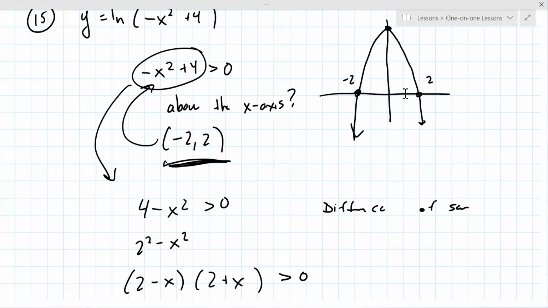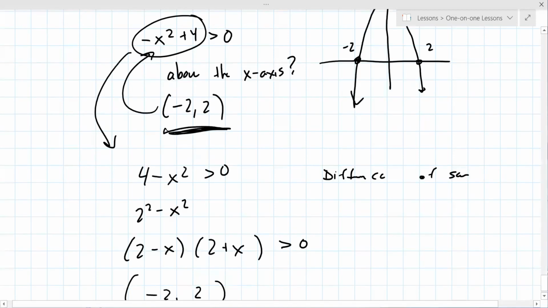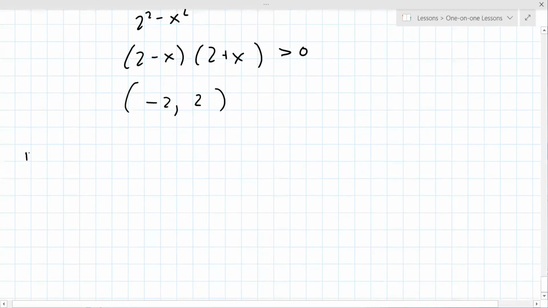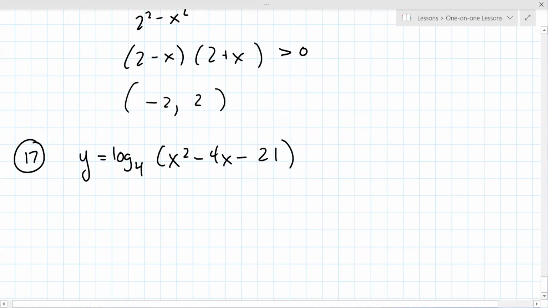All right, let's move on to number 17. I'm going to just write this one in again. y equals log base 4 of x squared minus 4x minus 21. So this one will factor.